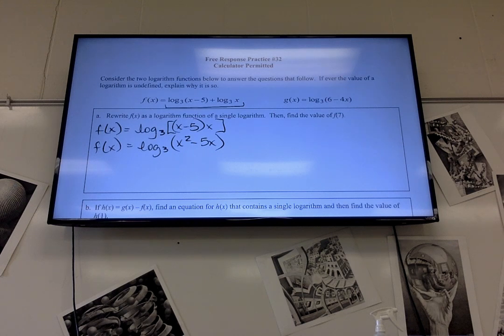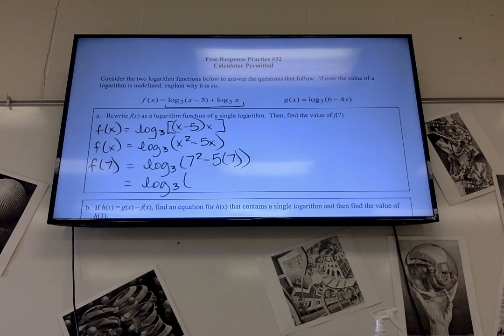And then it says find the value of f of 7. So we plug in 7. Log base 3, 7 squared minus 5 times 7. So that's 49 minus 35 is the calculator problem.